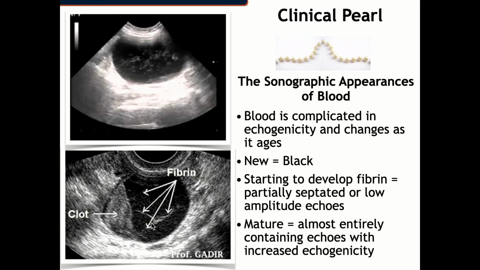But then you see at the top, blood will begin to lay down little strands of fibrin. You can even see a few of them on the bottom image. And you'll begin to see slight but quite hypoechoic echoes throughout. Eventually, they will come to fill the blood, whether it's truly a hematoma or that region, and it'll continue to mature, and it will become more hyperechoic and organized, and eventually the entire structure will be quite hyperechoic.